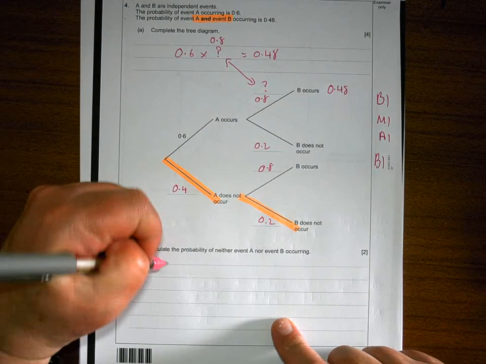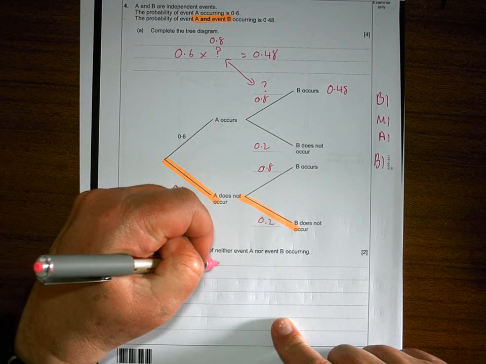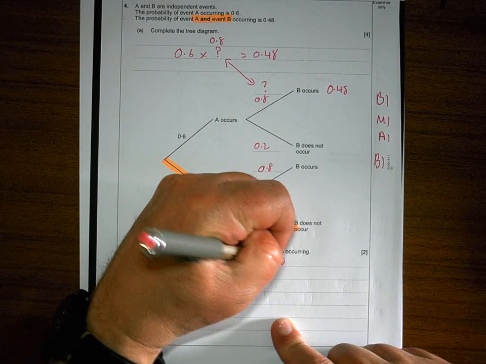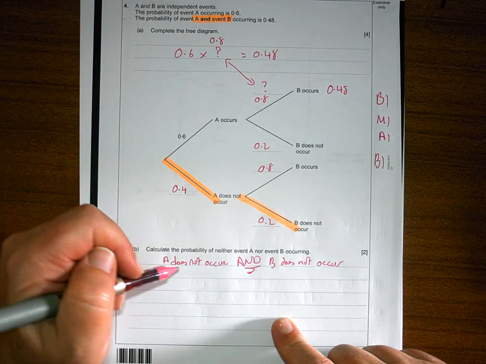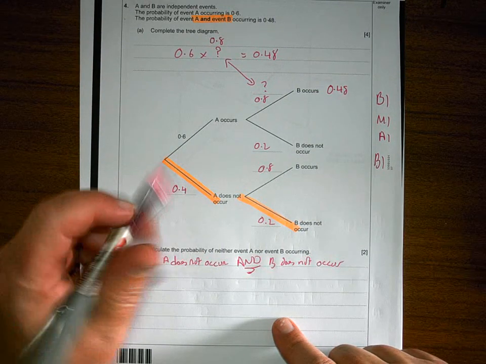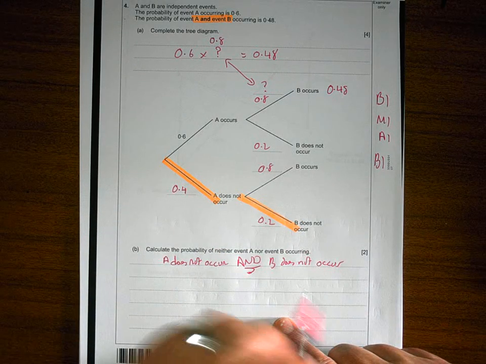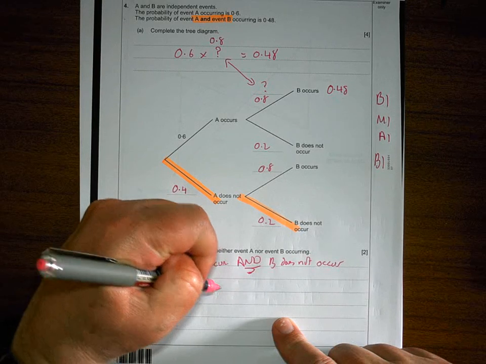So A does not occur and B does not occur. If you're using the word and, you multiply. If you're travelling in the same direction on a probability tree, you multiply. So that will be 0.4 times 0.2.